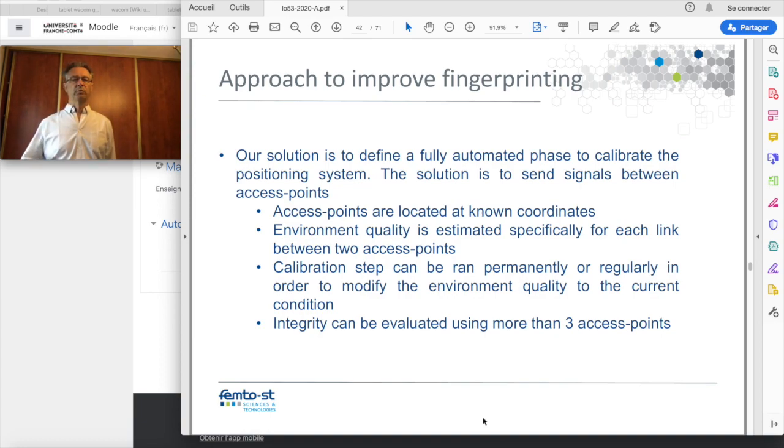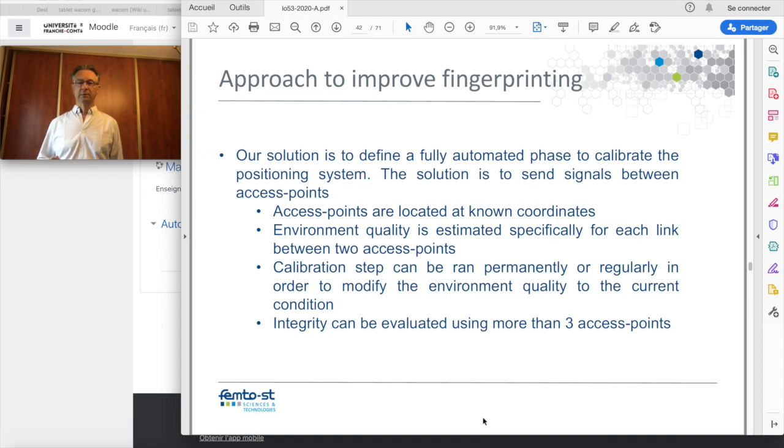So how can we improve this fingerprinting? We developed a solution in order to avoid this manual initial step, which is about building the input data for the system.